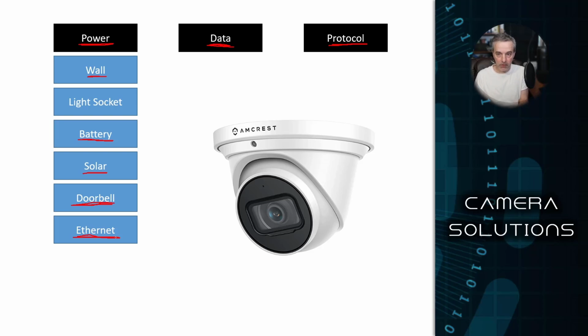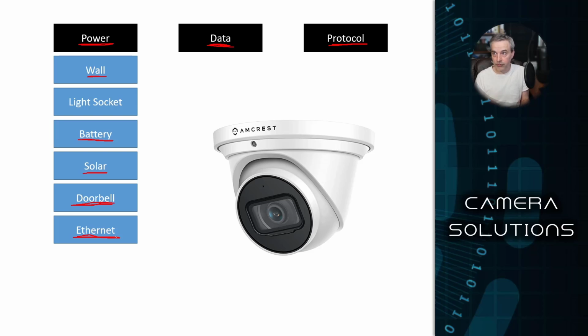And I prefer this because Ethernet is a low power solution, and it's fairly inexpensive to get Ethernet cables of long runs. And the equipment is typically not very expensive either. In fact, a couple of my cameras that I have available are using power over Ethernet and data over Ethernet. So even if you don't have Ethernet in your home, it's actually pretty easy to create an Ethernet run.